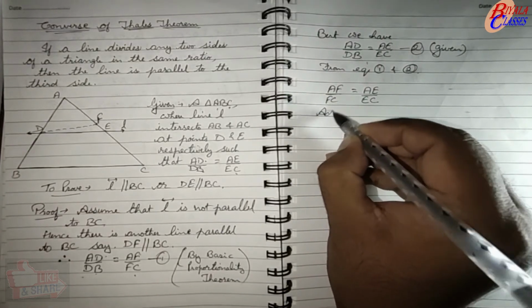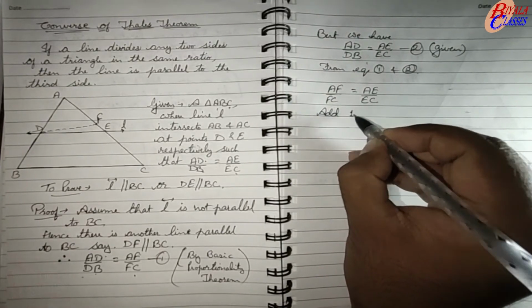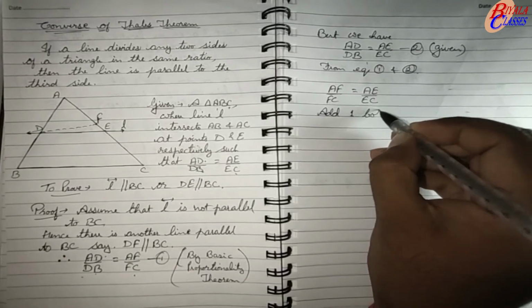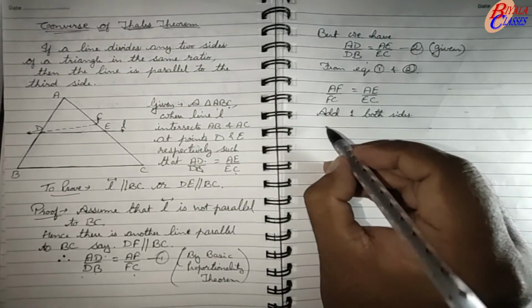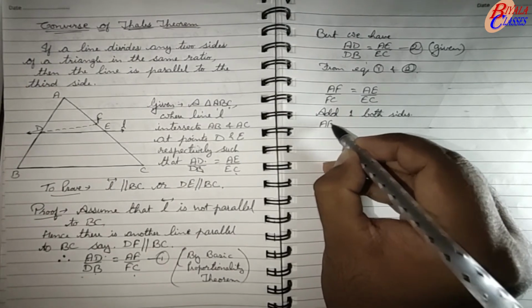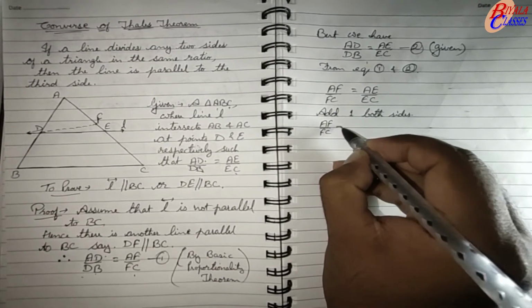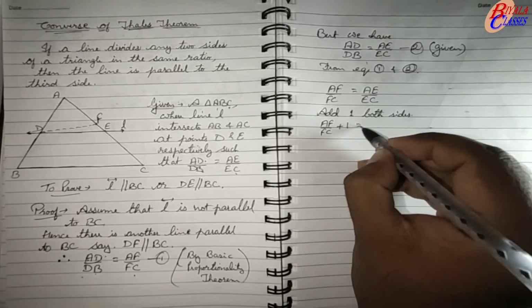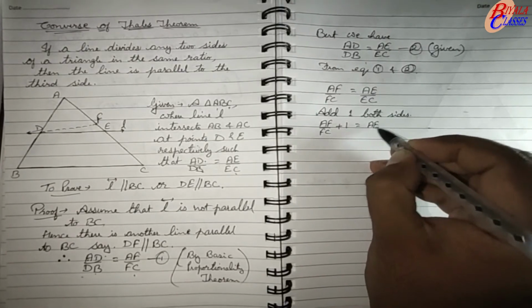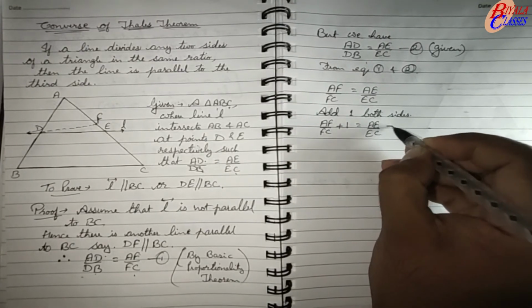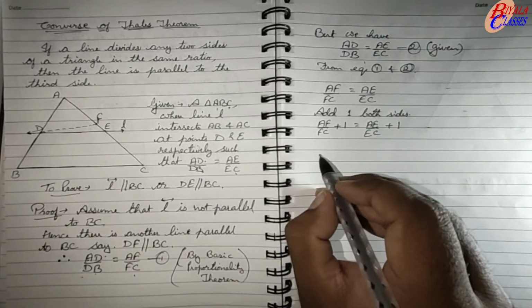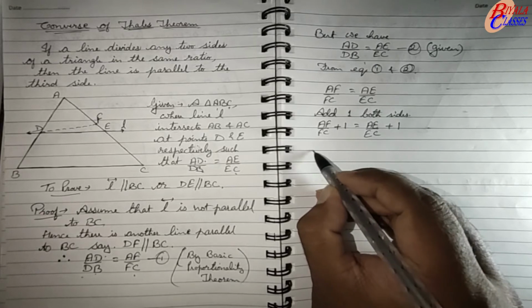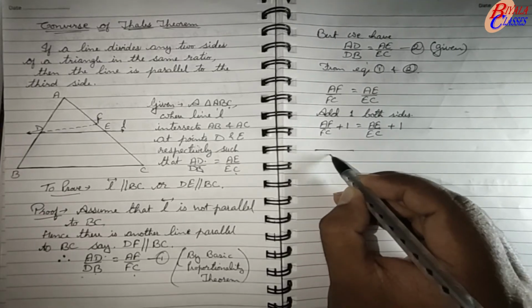Here, let us add 1 to both sides. Just see what happens when we add 1 to both sides. We get AF upon FC plus 1 equals AE upon EC plus 1. Now when you are adding 1 to both sides, you will take the LCM.